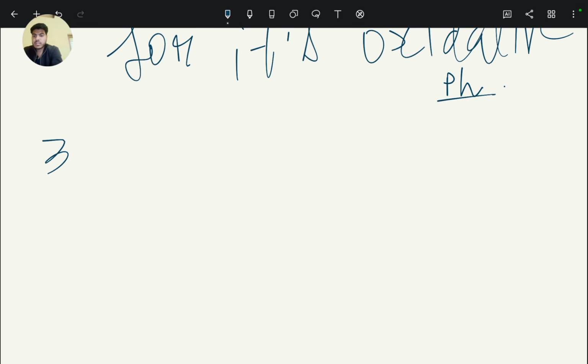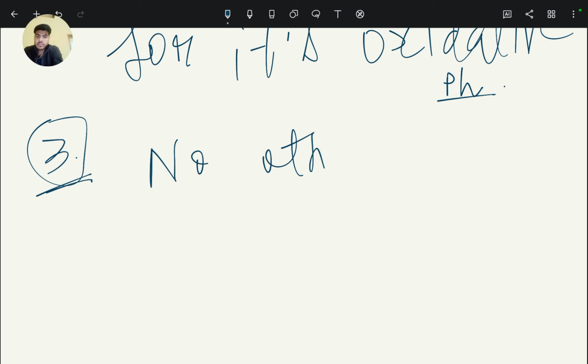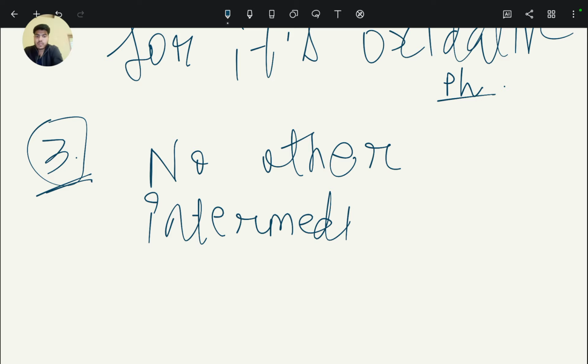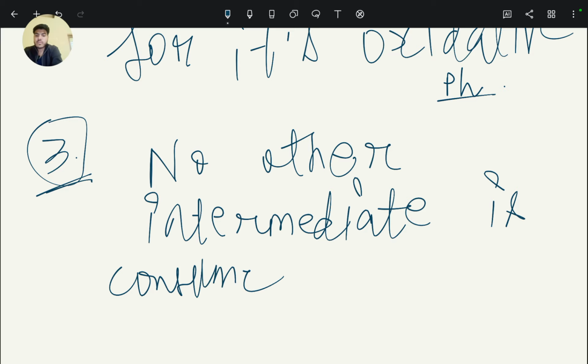And the third assumption is that no other intermediate is consumed to get a product. So no other intermediate is consumed in the whole process.